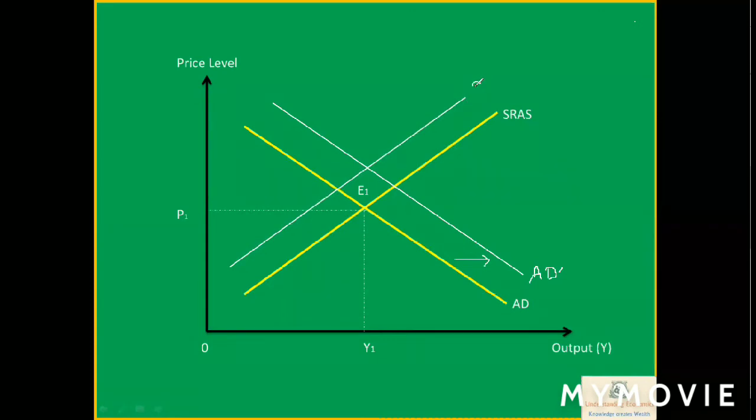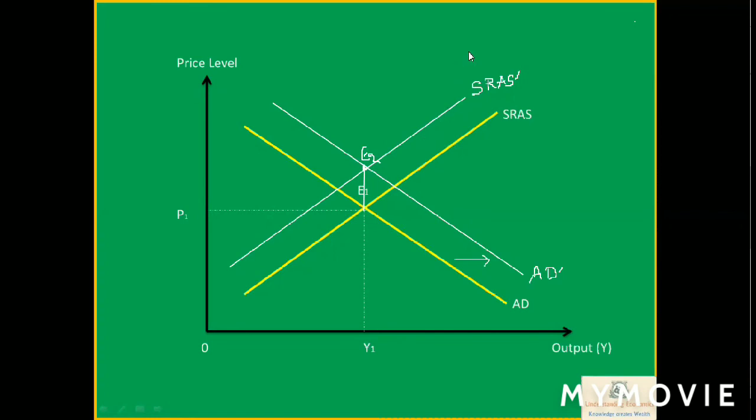And suppose this is our new aggregate supply curve, and the corresponding equilibrium is at E2. Now if we look at E2, at the new equilibrium point, the output level is almost the same. The output is the same if both the curves have changed in the same magnitude.